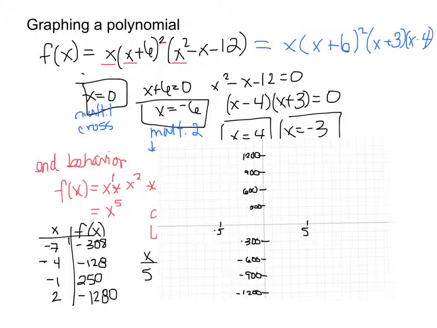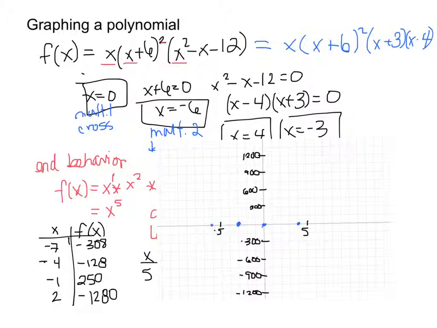So, as we look at this one, I'm going to start by plotting my zeros. We had x equals 0, x equals -6, x was equal to 4, and x was equal to -3. So my zeros are graphed.